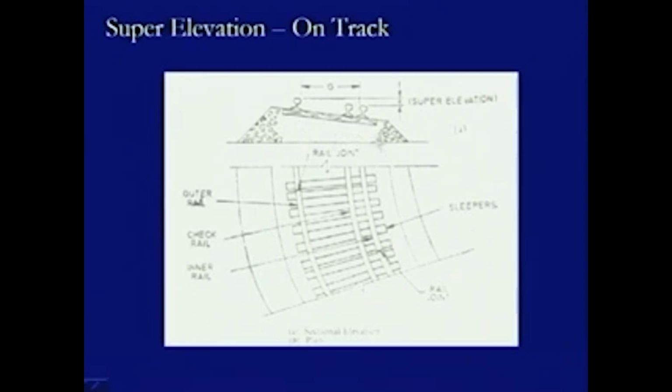The thickness of the ballast cushion is increased at this location, whereas it is the normal thickness at this position, and this is how we have achieved this slant. Here the gauge has been maintained between this point and this point, whereas there is a difference in the elevation of the rails, and this is defined by this value, which is termed as super elevation.